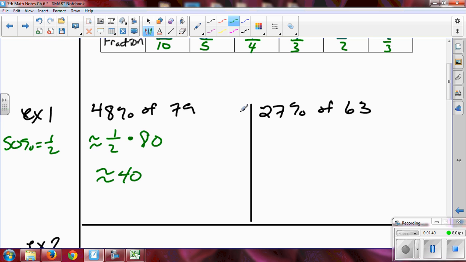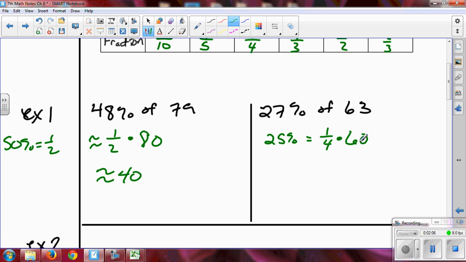So 27% of 63. I would round this to 25%, since 25 is a lot easier to do, which is like saying 1/4 of, which is multiplication again. 1/4 of what? Okay, 1/4 of, instead of doing 63, let's do 60.